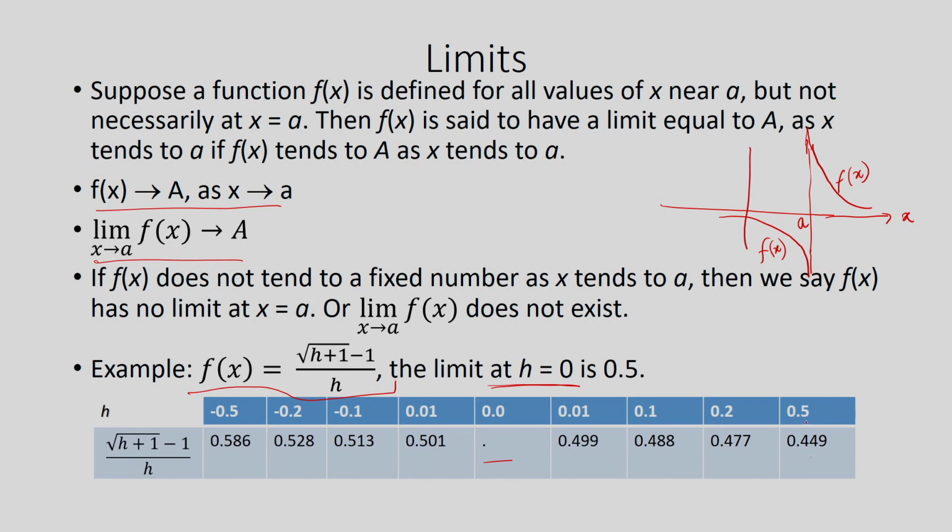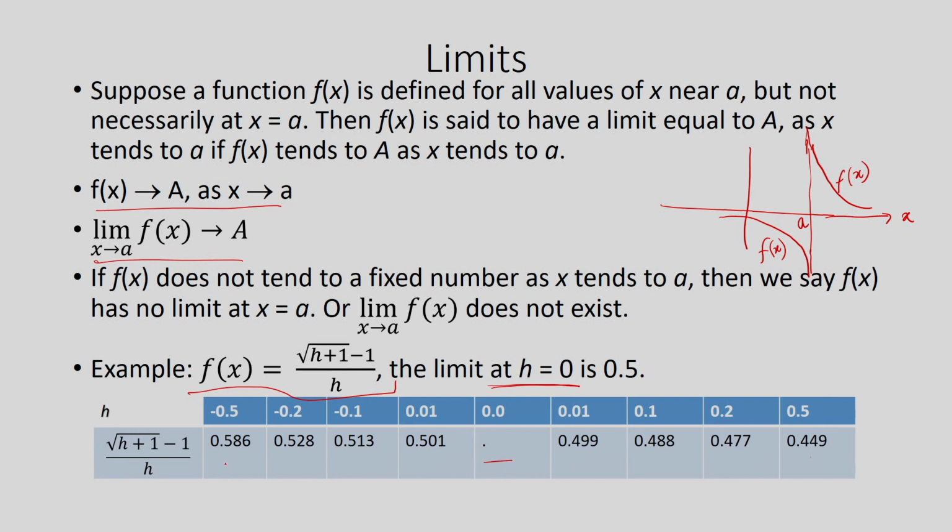So, for example, I am starting h at 0.5 and I am going to h equal to 0.01, and correspondingly I can see that the value of the function from 0.449 goes closer and closer to 0.5, it approaches 0.5, because at 0.01 it takes the value 0.499. I can approach the value h equal to 0 from the left hand side also.